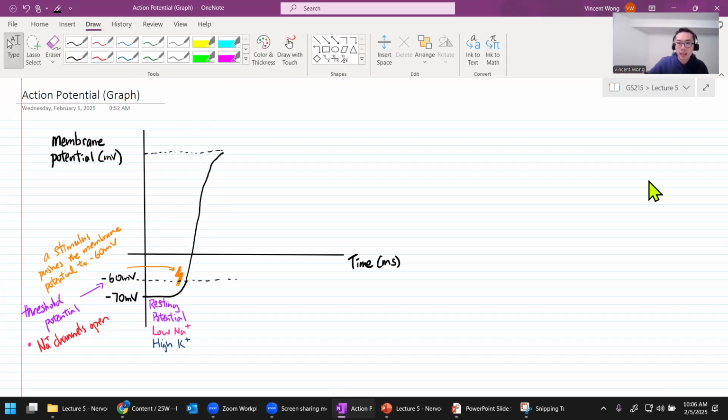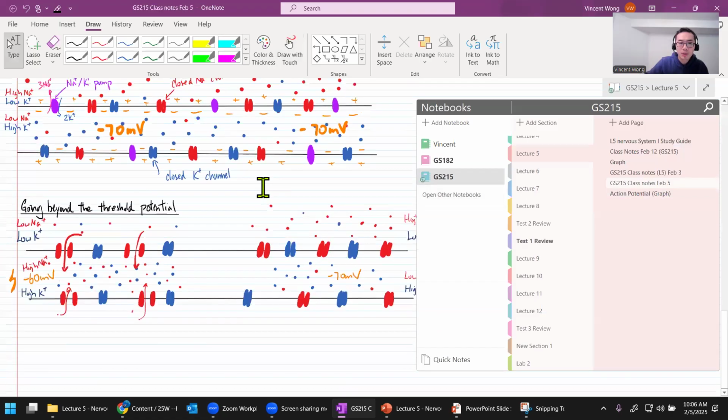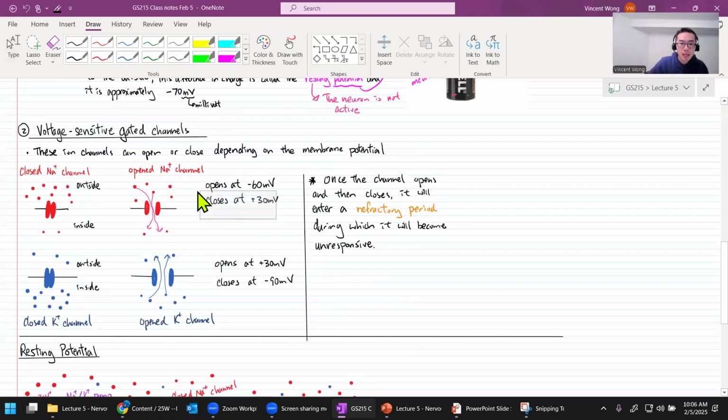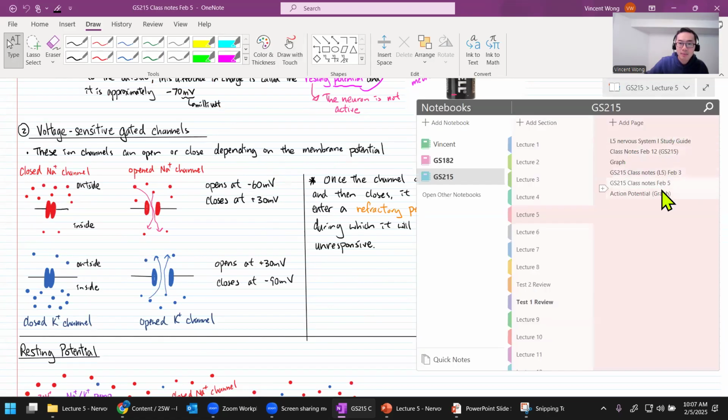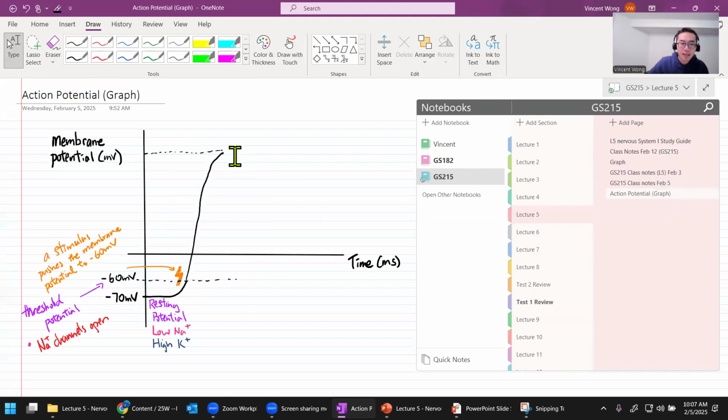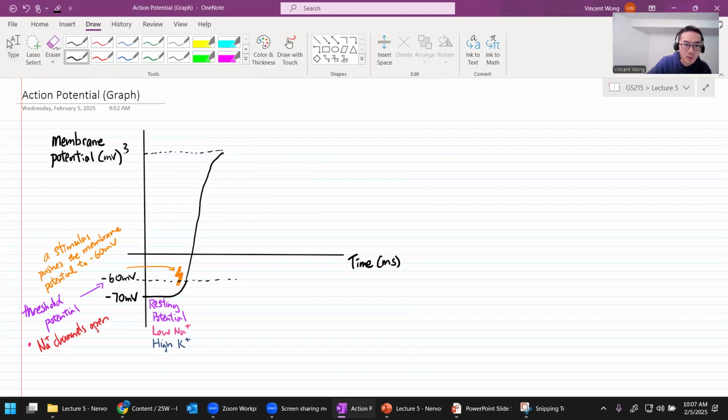But if you take a look at here, the sodium channels will close at positive 30, which means as the sodium is coming in and changing the membrane potential, eventually it is going to reach the closing voltage for sodium channels. And once you close the sodium channels, then the sodium stops coming in.